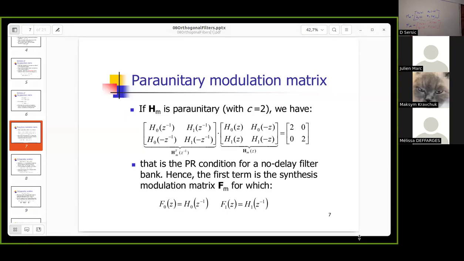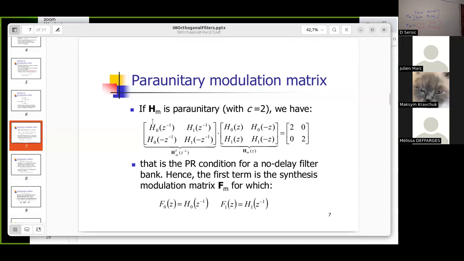So look at the red one. And now we can see that F0 must be equal to H0 of Z to the power of minus 1. And then we can see that F1 must be equal to H1 of Z to the power of minus 1.